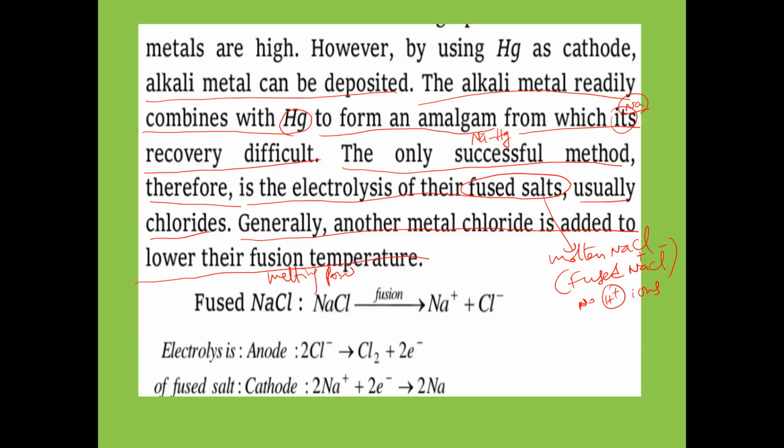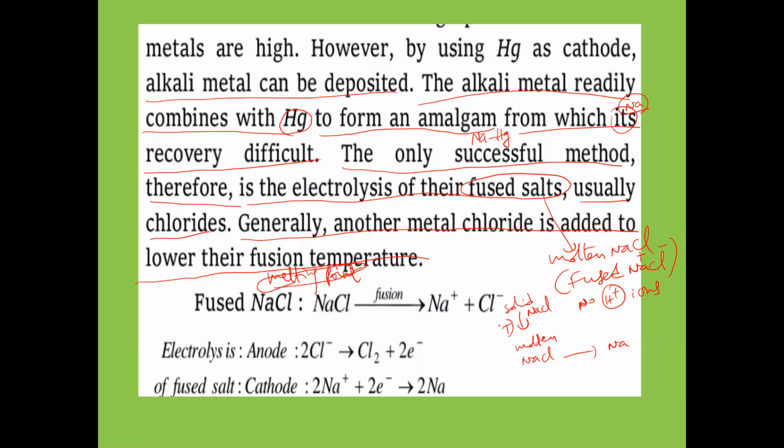Suppose we are extracting sodium from molten NaCl. To get molten NaCl, we have to take solid NaCl first. This solid NaCl at one particular temperature will melt to give molten NaCl.